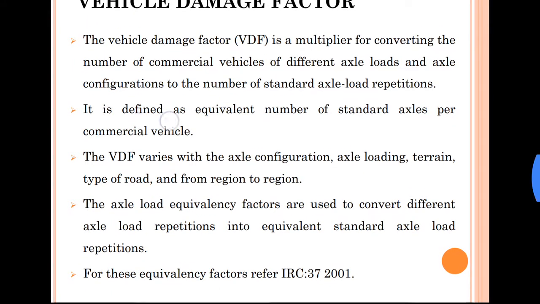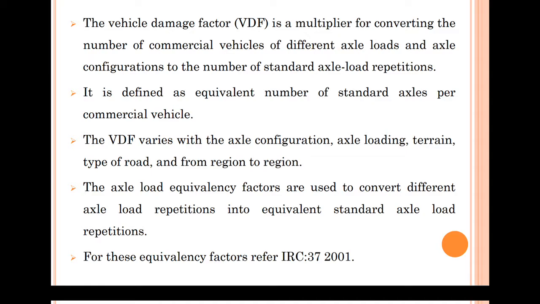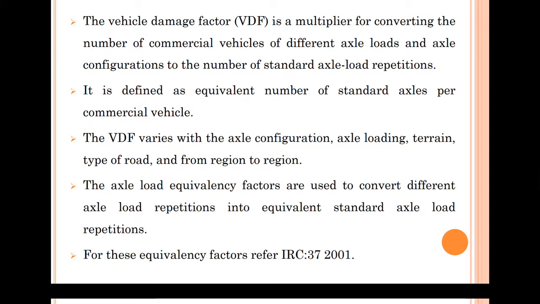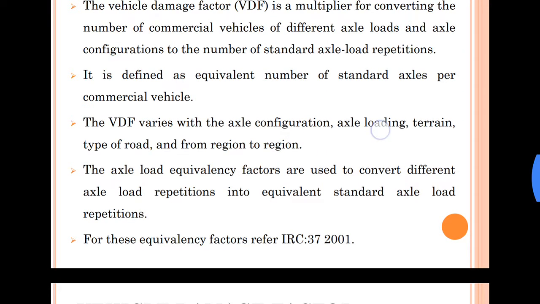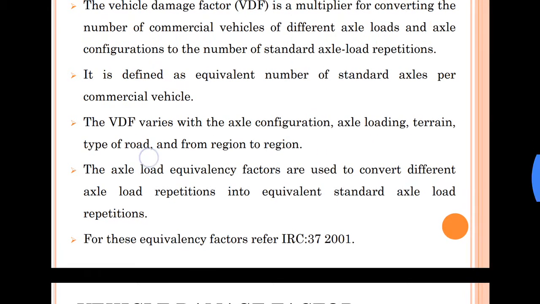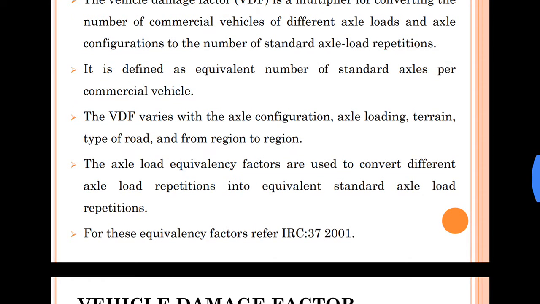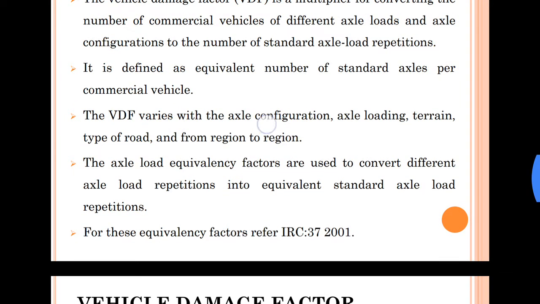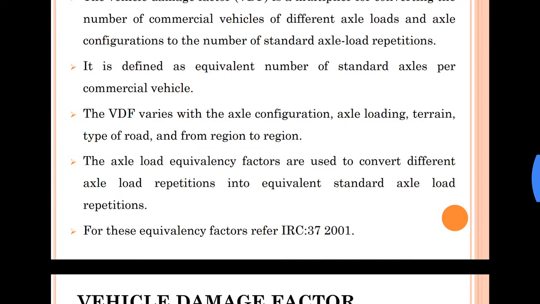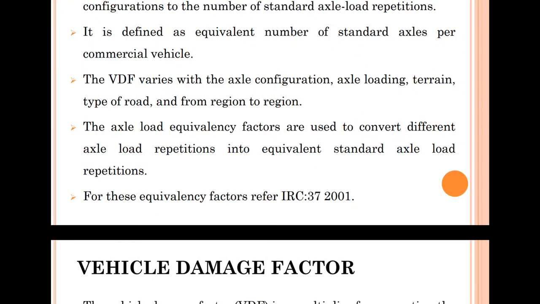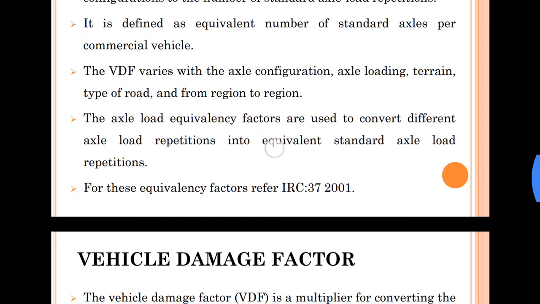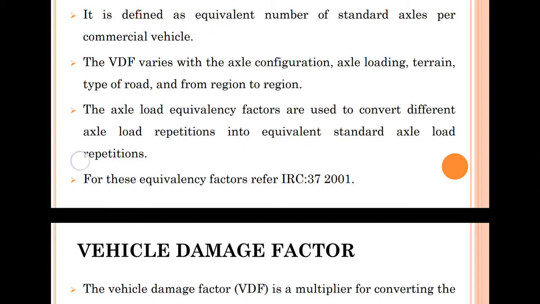It is defined as the equivalent number of standard axles per commercial vehicle. The VDF varies with the axle configuration, axle loading, terrain, and type of road, from region to region. So this VDF will depend upon all these conditions. The axle load equivalency factors are used to convert different axle load repetitions into equivalent standard axle load repetitions.